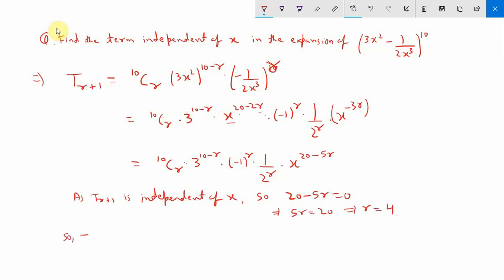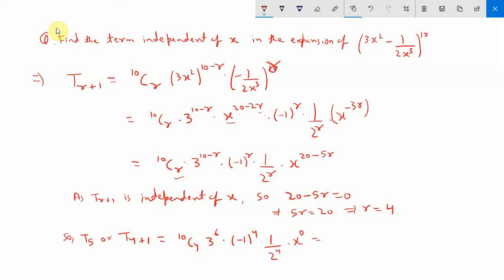So T5, or T(4 plus 1), is the term independent of x, and the term will be 10C4 into 3 to the power 10 minus 4, equal to 6, into minus 1 to the power 4 into 1 by 2 to the power 4 into x to the power 20 minus 20, or 0.